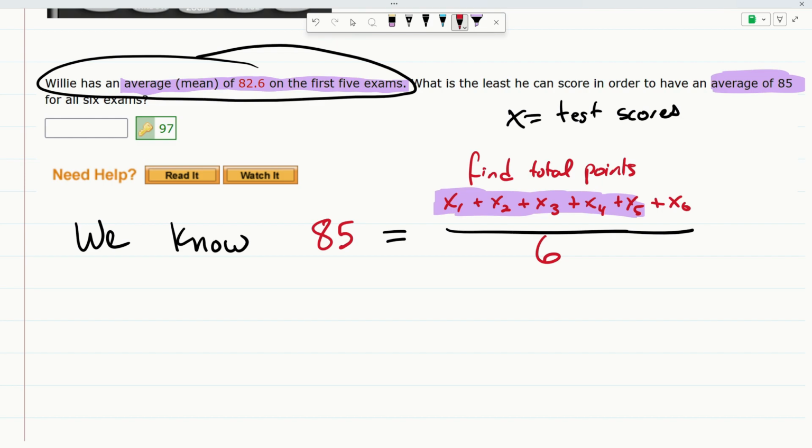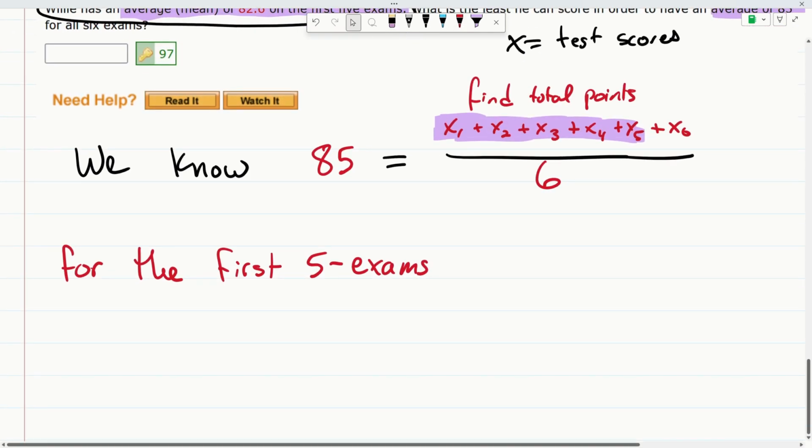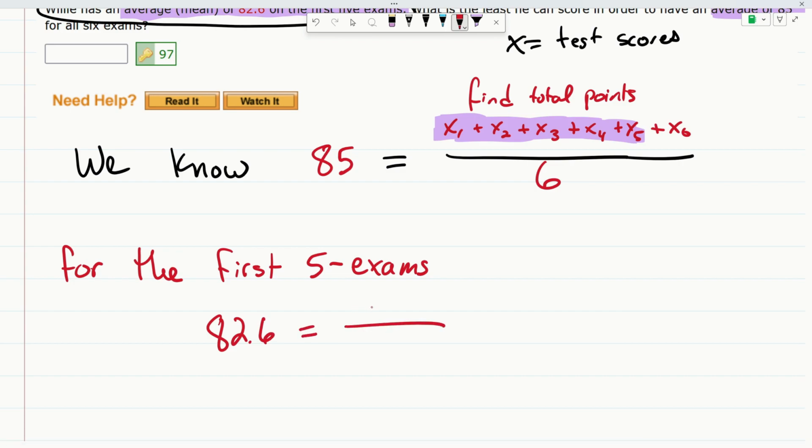In other words, we don't have to know what the individual scores were for each test. But what we could find is for the first 5 exams, we know that the average was 82.6. We don't know the total points, but we do know that there were 5 exams for that. So, if you look at what I have here, we can figure out the total points just by saying, well, we're going to multiply both sides by 5.